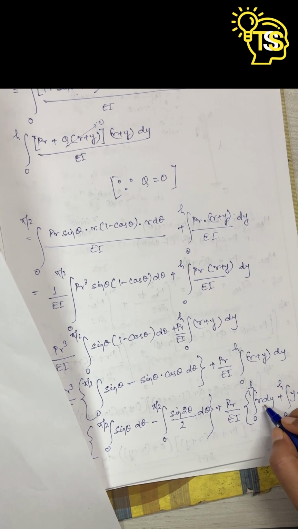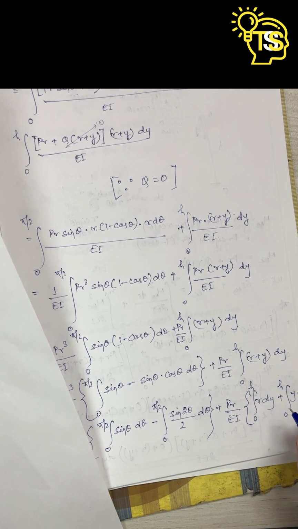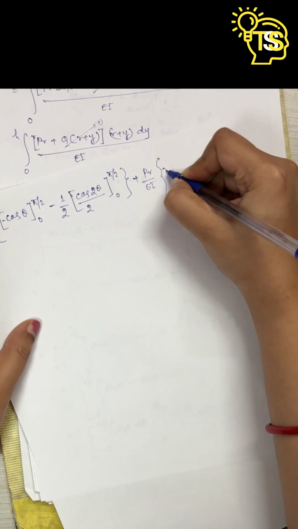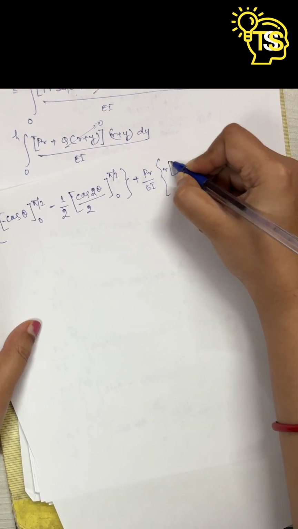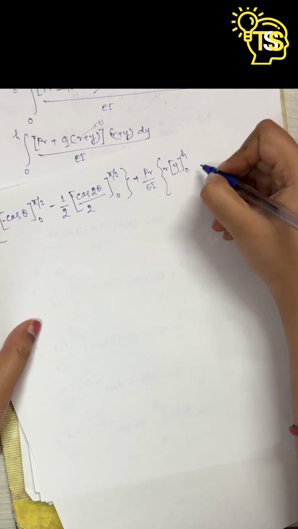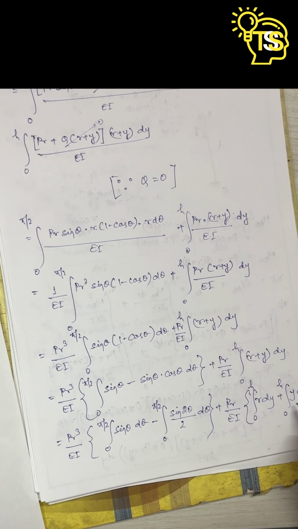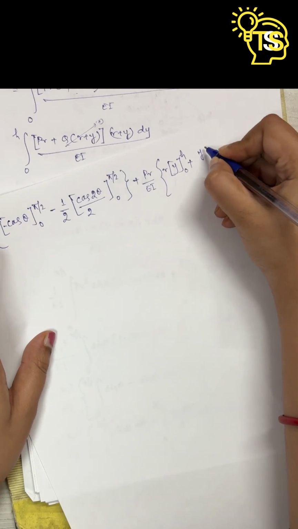The value of integration of R dy will be, R is constant, so the integration of dy will be y, from 0, plus the integration of y dy will be y square upon 2.